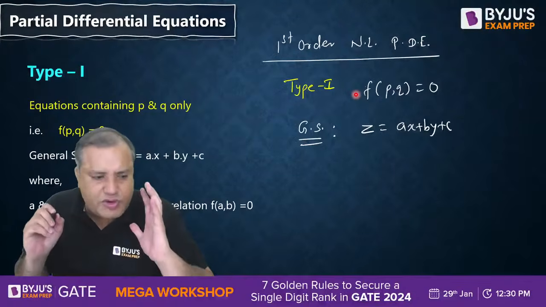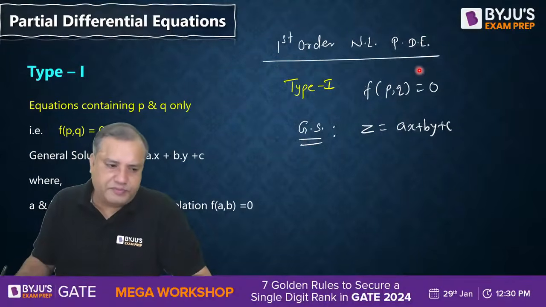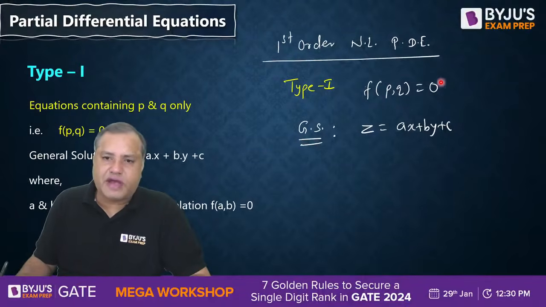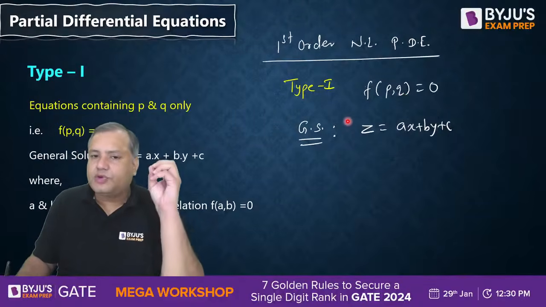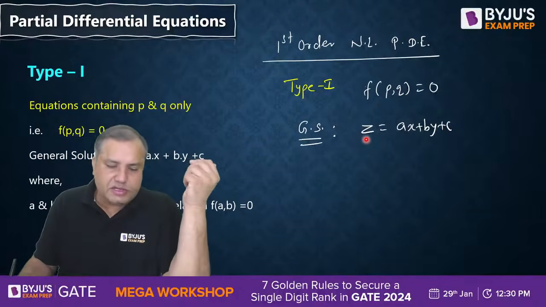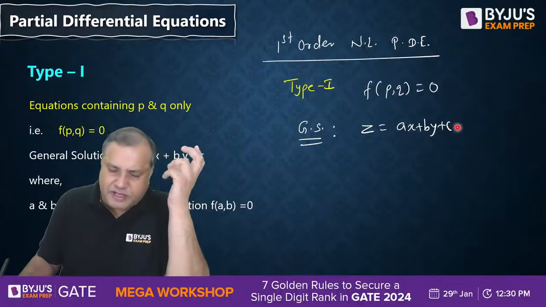Students, as soon as you identify that it is a type 1 non-linear PDE, you can straight away write its solution. Solution is z equal to ax plus by plus c.